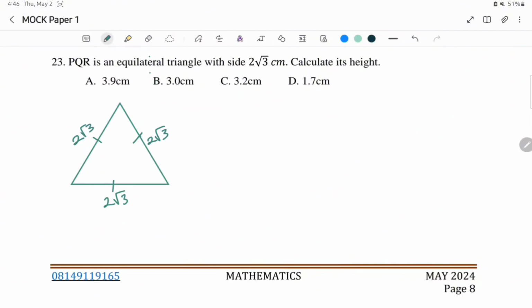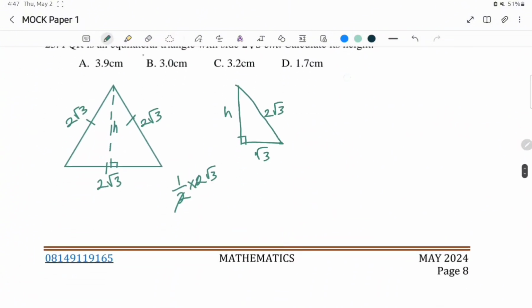Now we want to find the height, h. We know that the height is perpendicular to the base, so we can bring out one part of the triangle: 2√3, h, and this side is going to be half of 2√3. 2 here 1, 2 here 1, that's √3 centimeter.